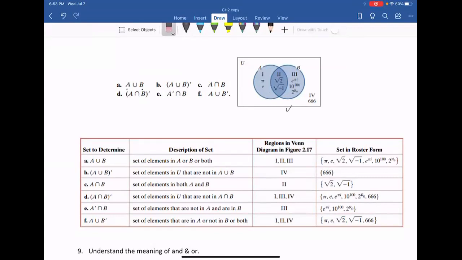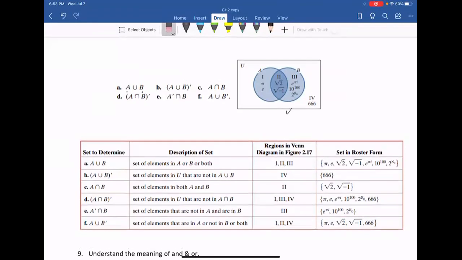So we just list all the elements in roster form, or I can say A is in the region 1, 2, and 3. So complement of set A union B. We already know the A union B from part A. So the complement of this area is only the part 4.